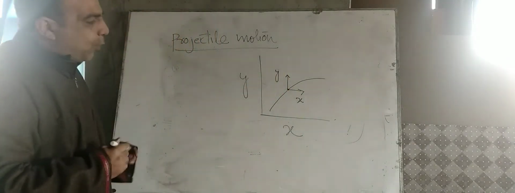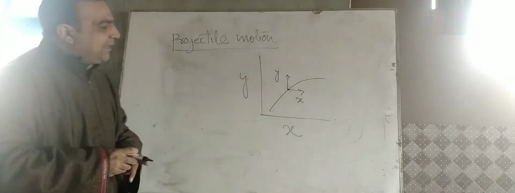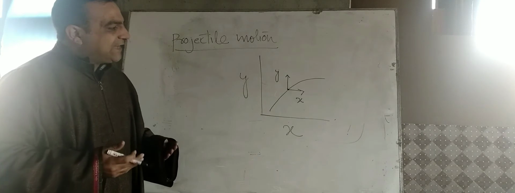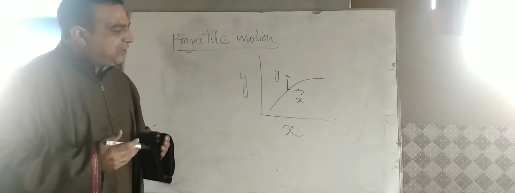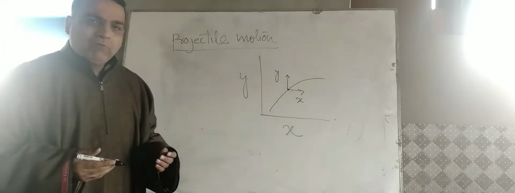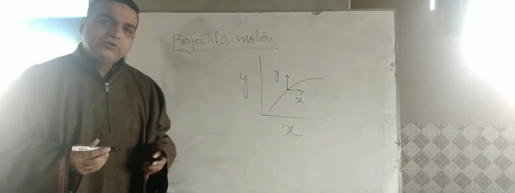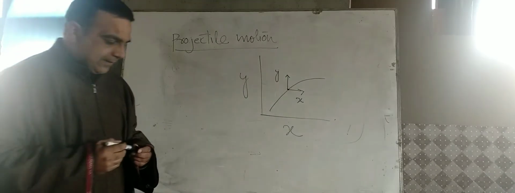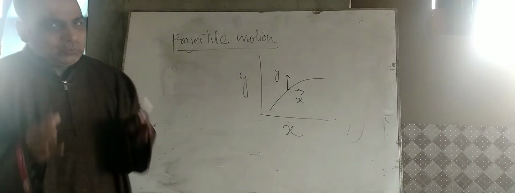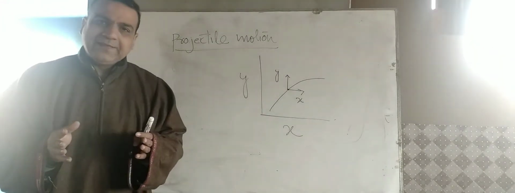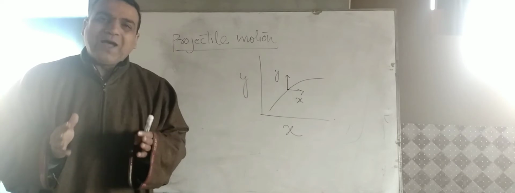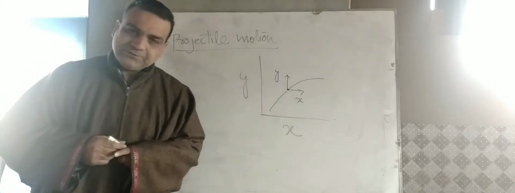So the point is that if both the coordinates x as well as y change while a body is in motion, we call this motion two-dimensional motion. And the fact of the matter is that this two-dimensional motion is equivalent to two one-dimensional motions.